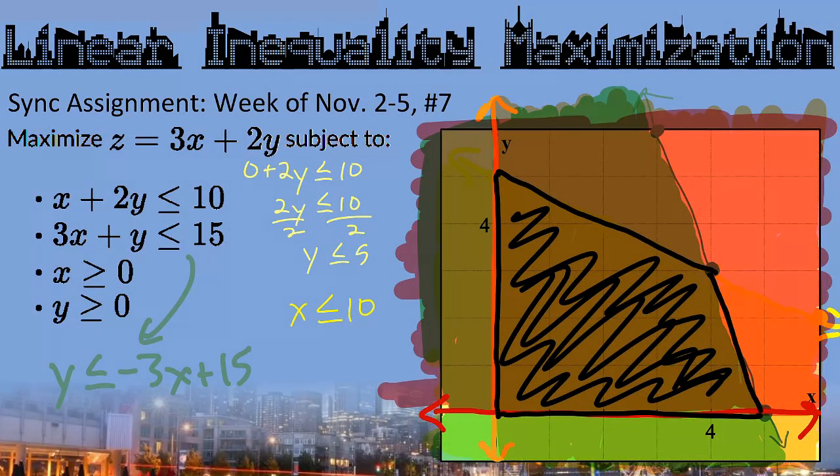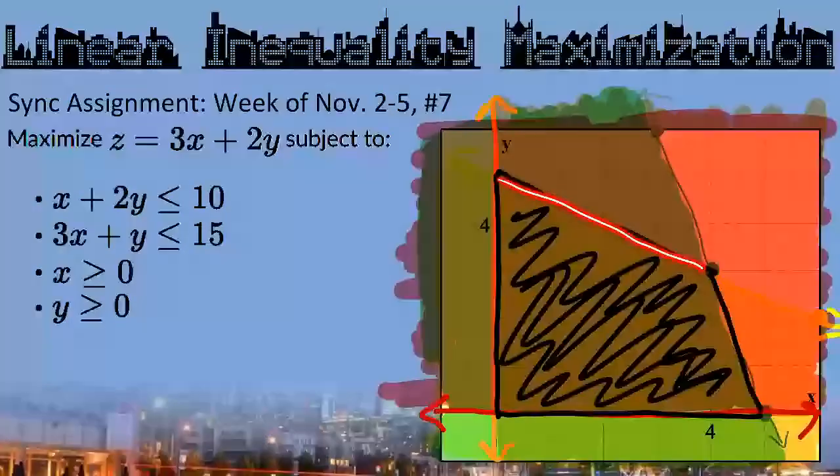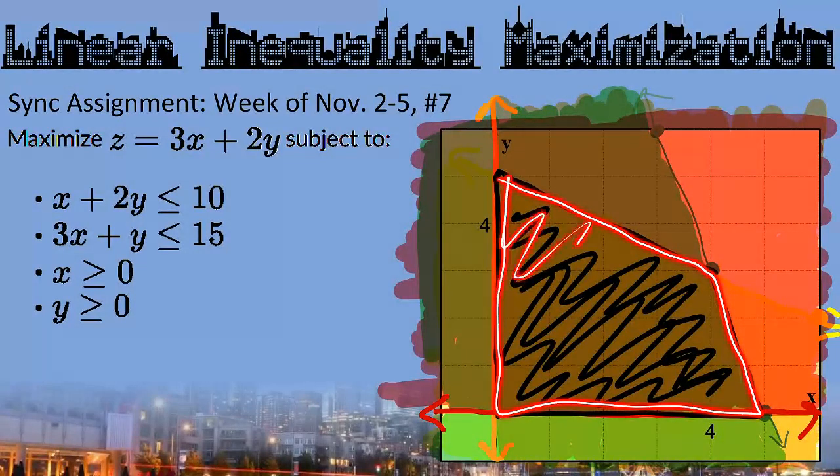And the question then is, how do we maximize z equals 3x plus 2y? So we have to look at all of the solution region and ask ourselves, out of all the points in this solution set, which one of those will make z biggest?